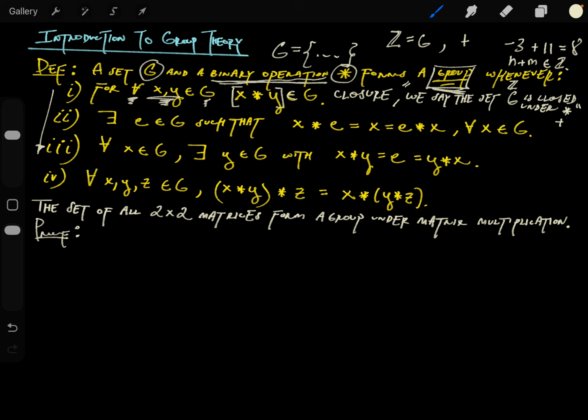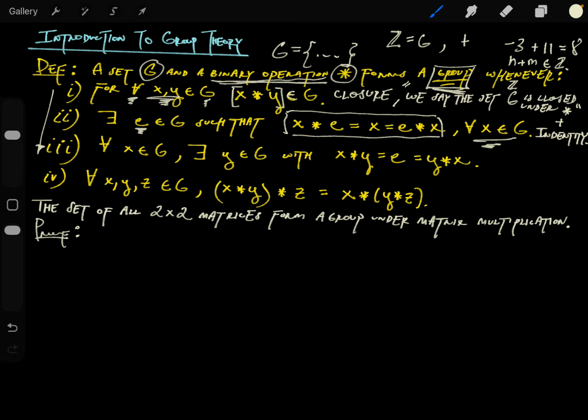This is called closure. Now the next one is that there has to exist what's called an identity. So this second one is called identity. There has to exist an identity element in the group. So you have to have it that for all x contained in G, this condition is true.